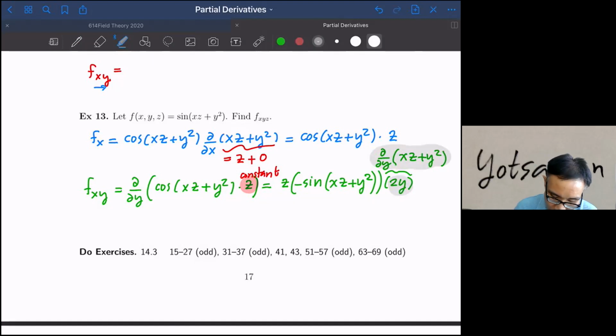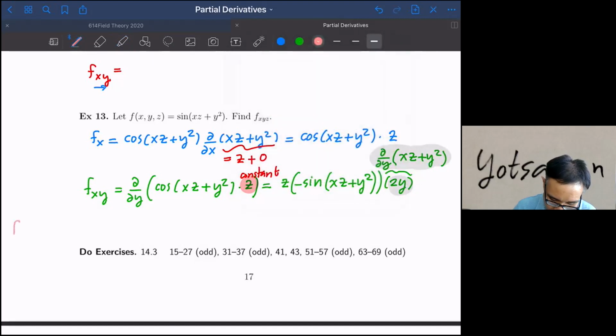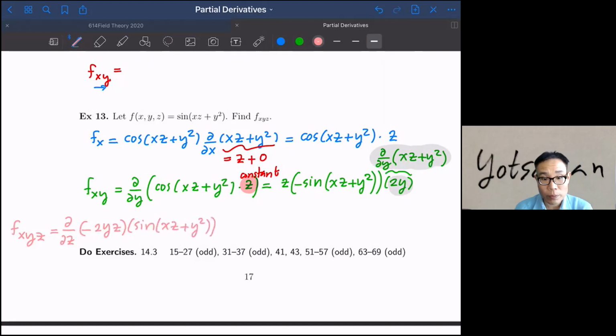And for the last one, you want the third order, f_xyz. So you continue finding the derivative with respect to z. You group this one as negative 2yz, one group, and sin of xz plus y squared, another group.